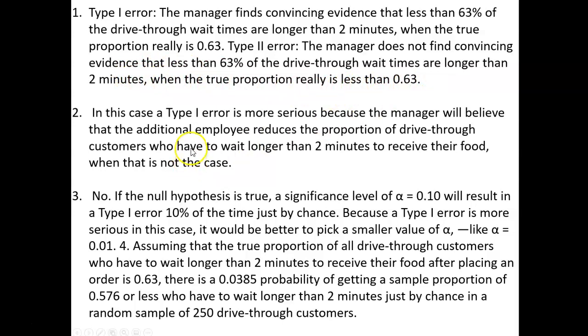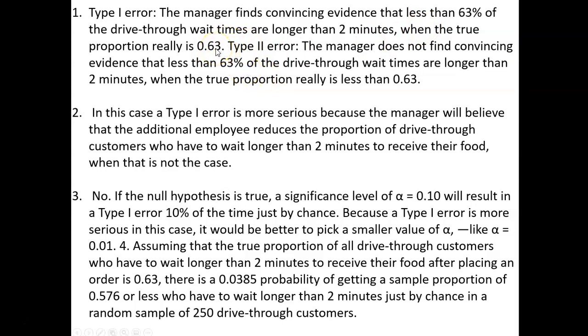So that leads us into number 2 as far as which one is worse. So a type 1 error makes the manager think that they've improved things, right? They think, oh, well, we just found significant evidence that our proportion is less than 0.63. But actually, it's not.